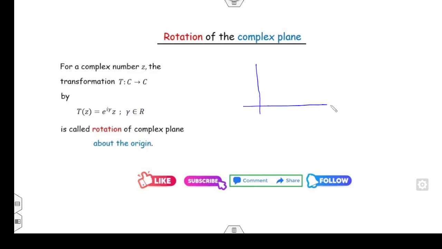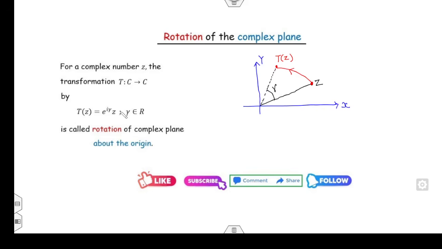Geometrically, what does it mean? If you have this as my xy plane, and the original value z is here, and you rotate the point z to this point, this is my new point T of z. Then the angle between them is gamma.